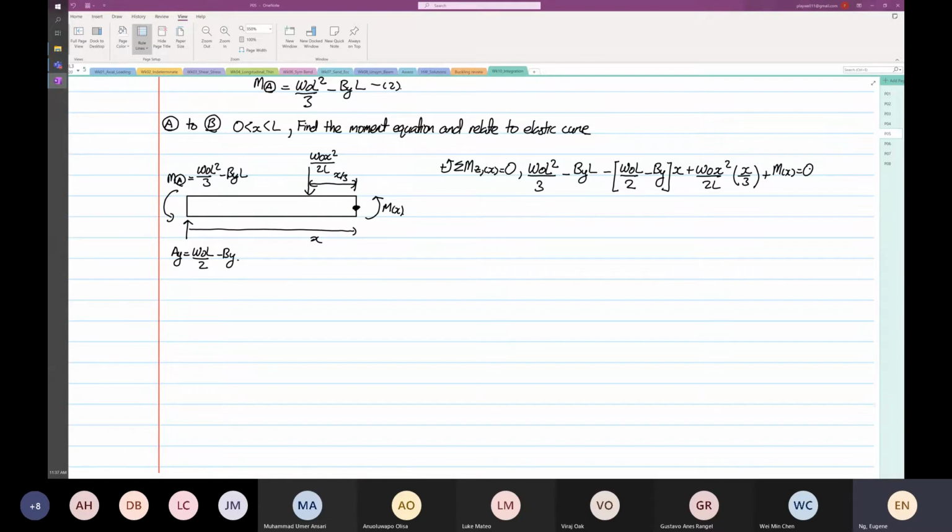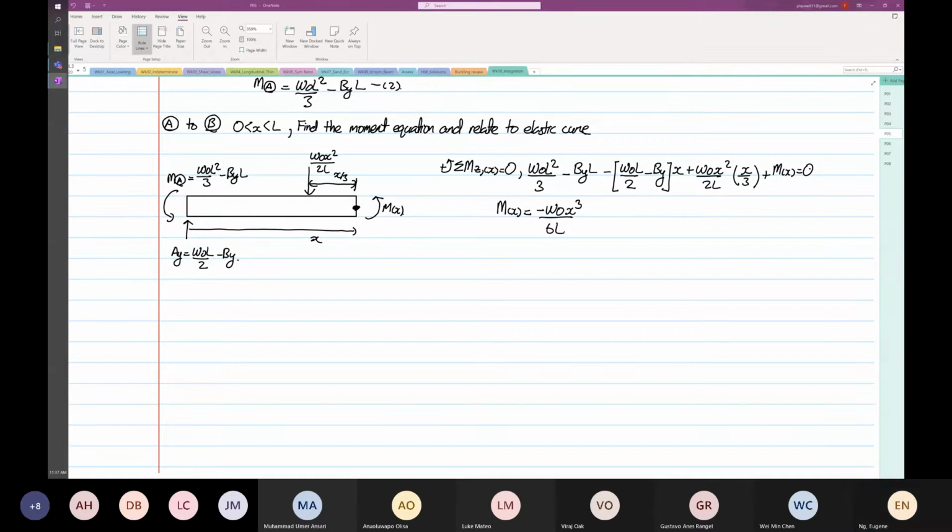Okay. So I'm going to write down M as a function of x will be equal to, I want to pick the biggest term first, so minus ω₀x³ over 6L.